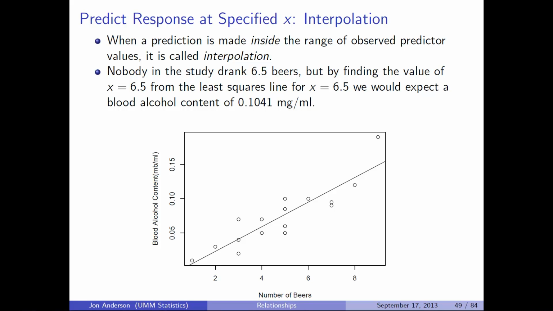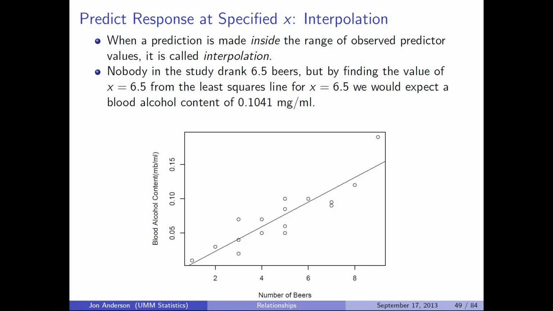Remember, the beer alcohol consumption problem had whole numbers of beers consumed, and we had blood alcohol content for the number of beers consumed. What if we wanted to project the blood alcohol content at a value like 6.5 beers, where we really don't have any students or anybody drinking that much?